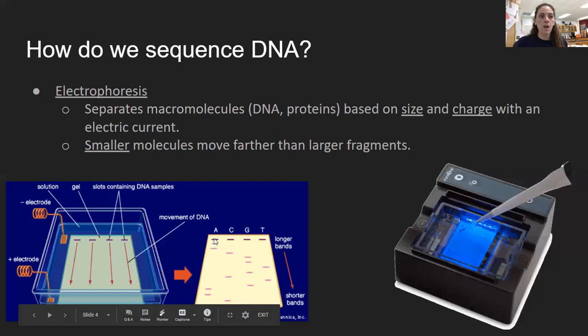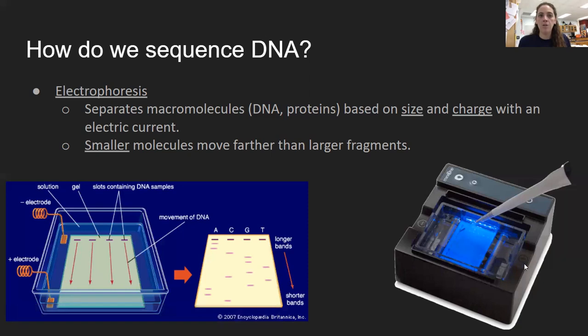And when we do this, oftentimes there will be a ladder, or sometimes called a marker, where we know our fragments have known sizes, and so we'll be able to compare knowns with our unknown fragments. In our laboratory, we're going to use an electrophoresis chamber that looks exactly like this one here. And so we can see here's our negative electrode, positive. Here's all the wells, and this is a micropipette that will be used to add these samples to it.